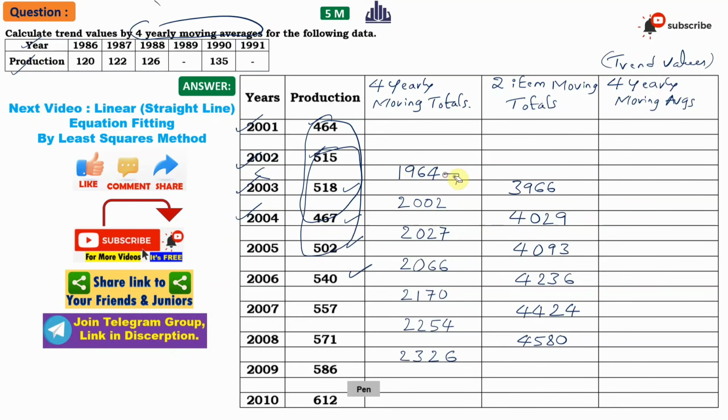So once we have done this and it is not matching with the given time periods, then these two again we added as the 2 items, and then the mid value of these we have written. So once we have added 4 values, and then these 2 values we have added, 4 multiplied by 2, it is 8. So these 2 item moving totals are to be divided by 8.